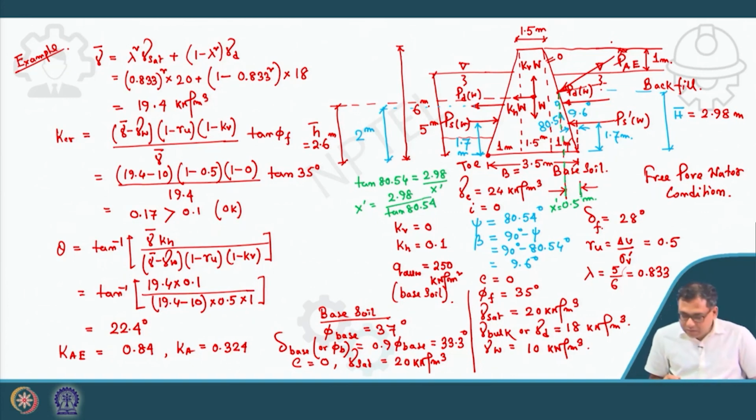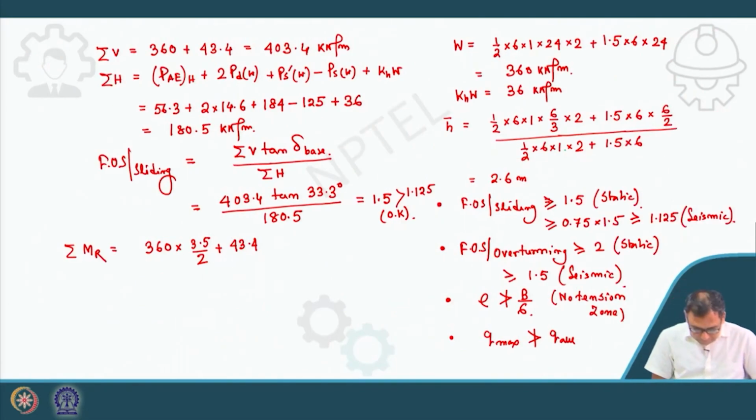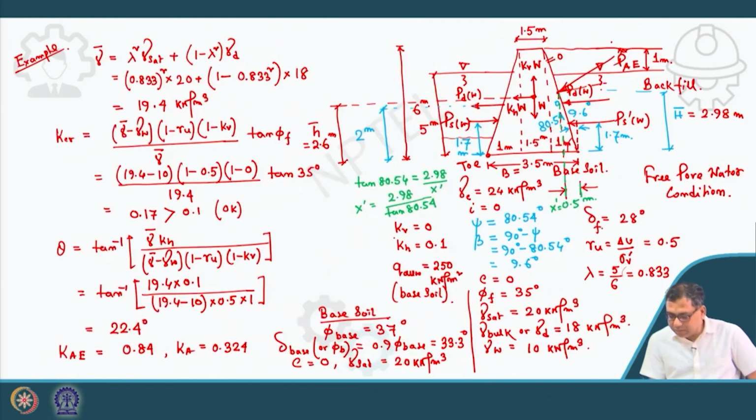Okay. So, now that lever arm is this distance from here to here. So, the lever arm will be 3.5 meter minus 0.5 meter, plus 125 into 1.7, because here all the lever arms are being mentioned.